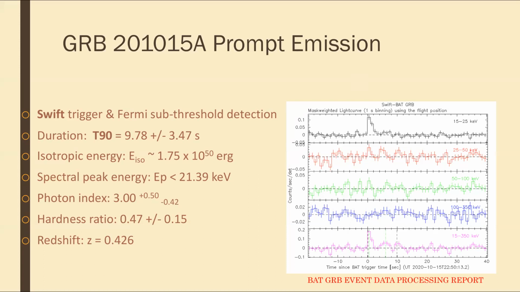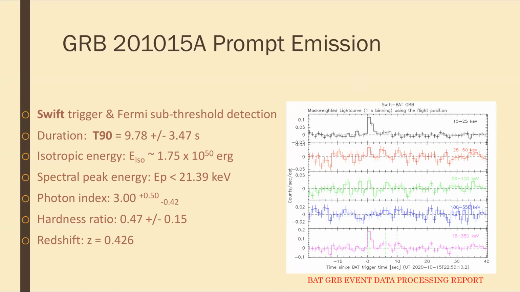It doesn't really help us confidently determine whether it's a short or long GRB, because the dividing time is 2 seconds. If one detector is giving us less than 2 and one is greater than 2, we need other methods of checking what kind of GRB this is.